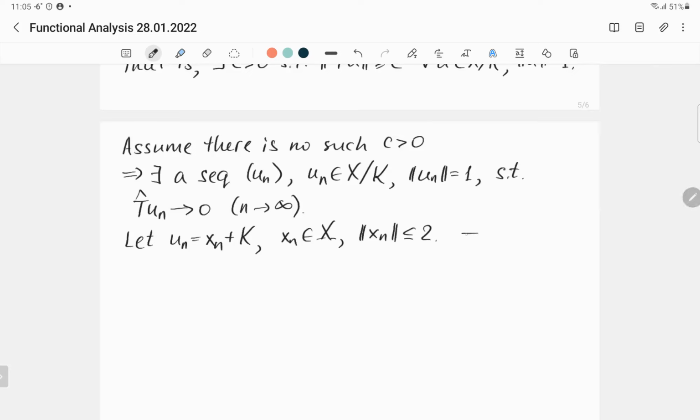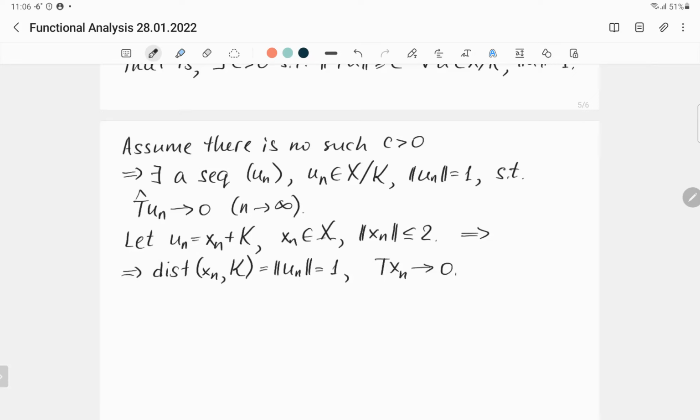Then what can I say about xn? The norm of un in the quotient is 1. And this means that the distance between xn and K is nothing but the norm of un, so this is 1. And T hat applied to un is nothing but T applied to xn. So Txn goes to 0.